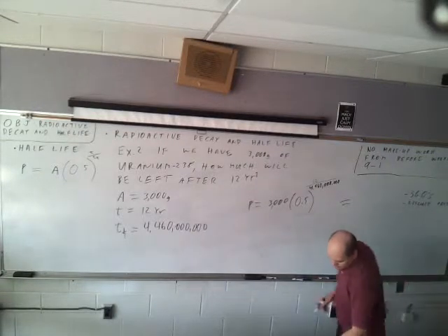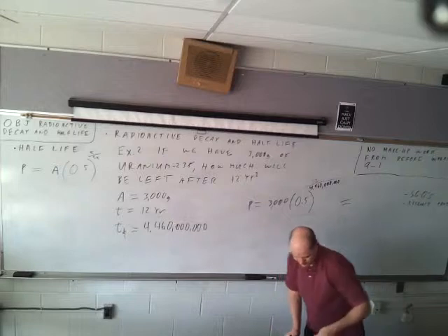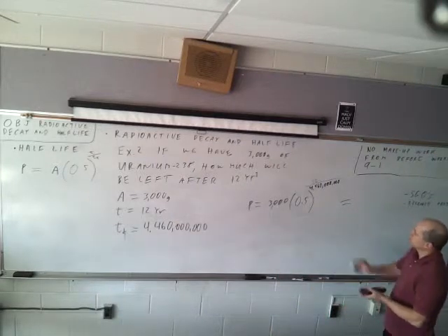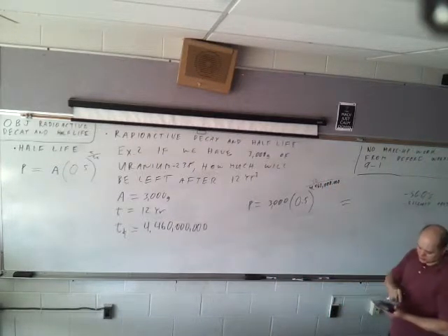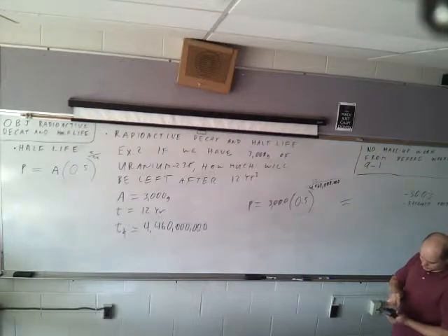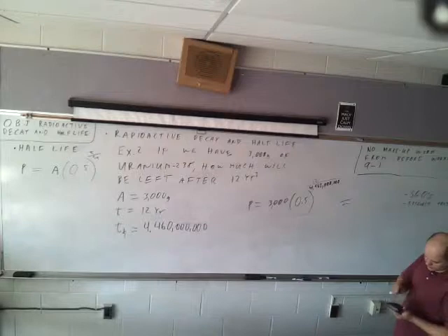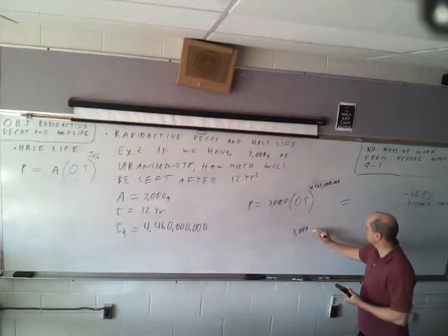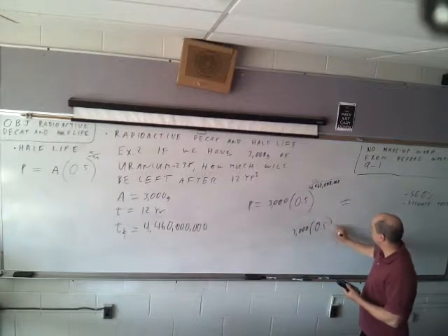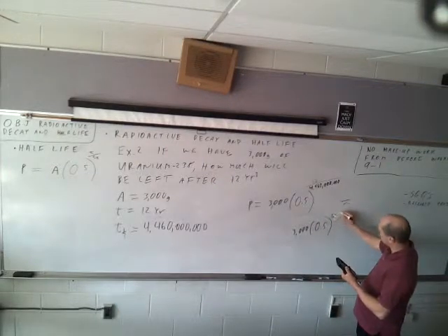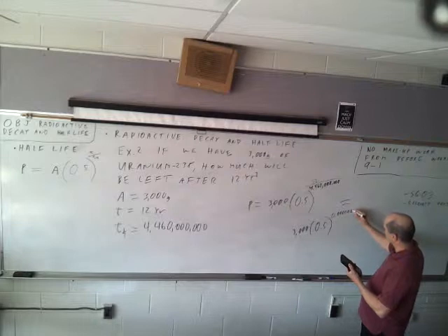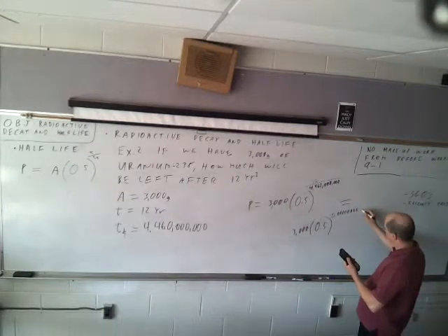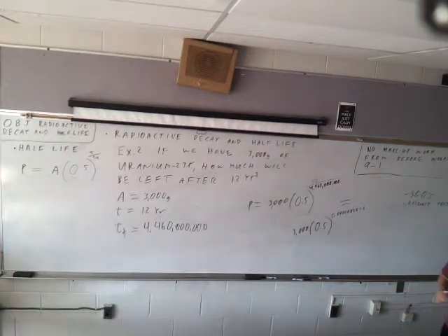All right. I'm going to plug it in. So here's what happened. We picked such a small time. Our exponent is going to be nearly 0. 12 divided by 4,460,000,000. So it's 3,000 times 0.5 to the power of 0.0000000026.